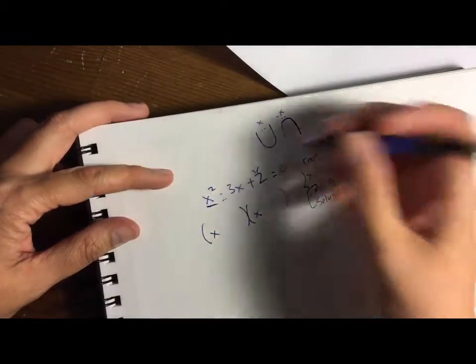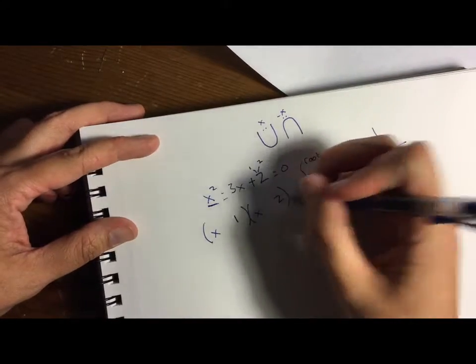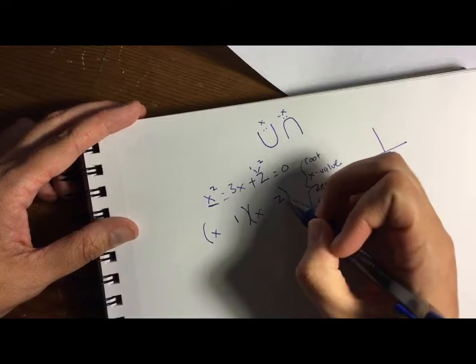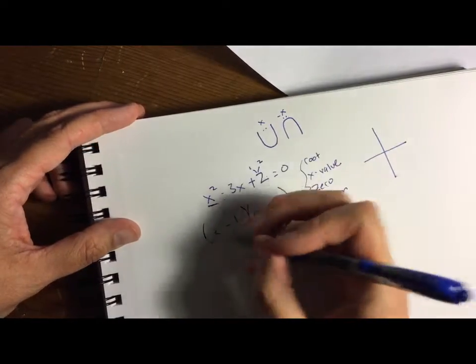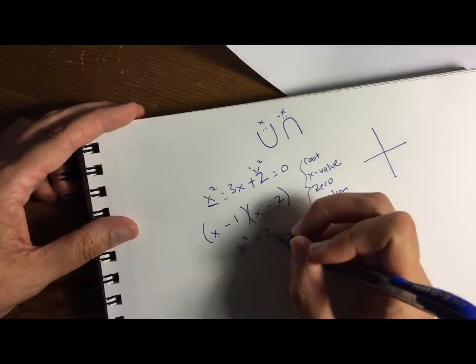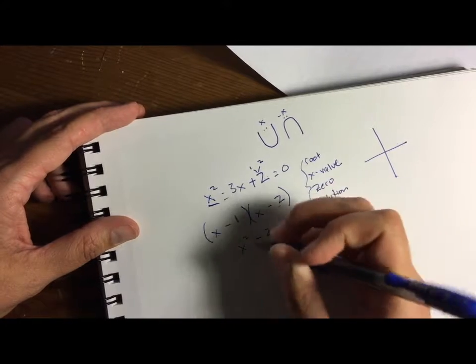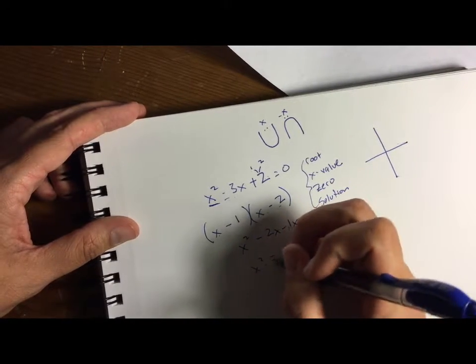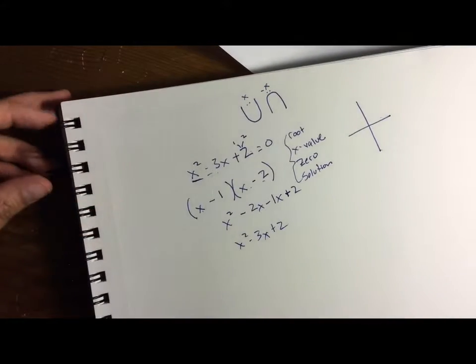The only factors of 2 are 1 and 2, so hopefully those work out. If those two multiply, we get 2. If we have 2 negatives, and then we FOIL to check our work, we get x squared minus 2x minus 1x plus 2, and that is x squared minus 3x plus 2. So that's factoring. Easy peasy lemon squeezy, right?